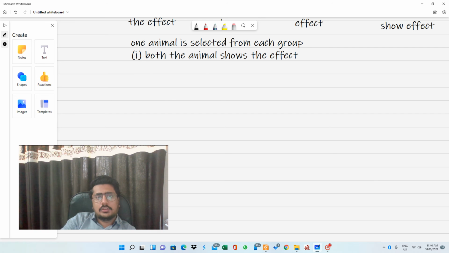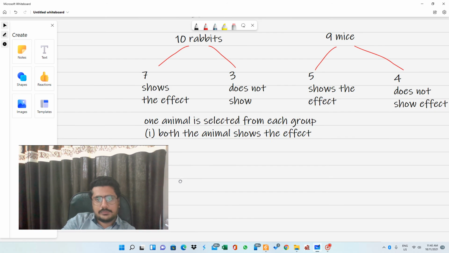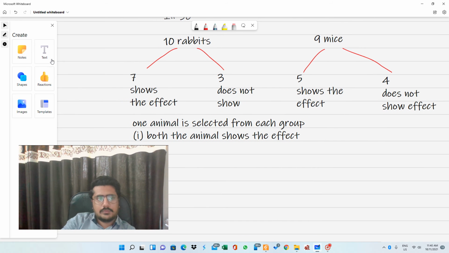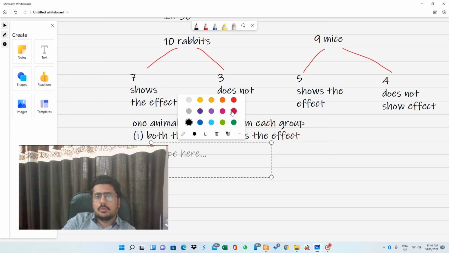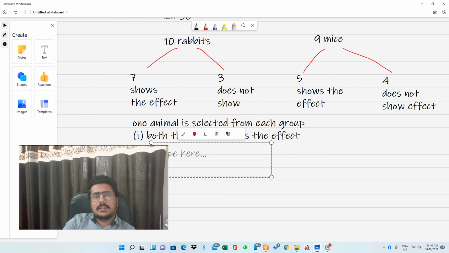Now, if both the animals show the effect, what does this actually mean? Both the selected animals show the effect.